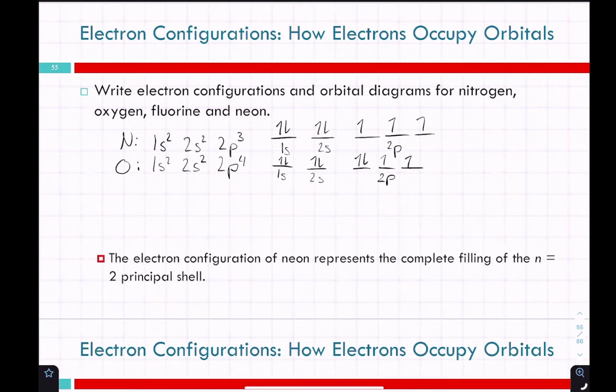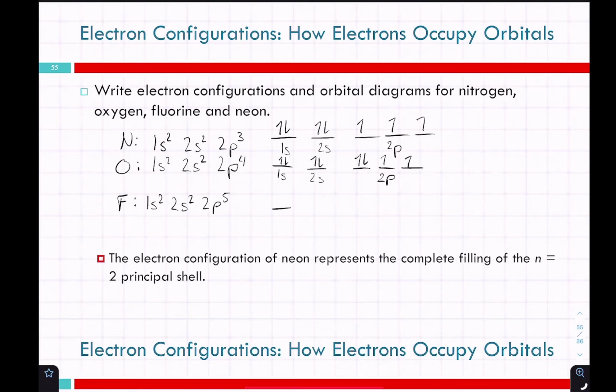And then for fluorine, actually, I should probably move that down a little. For fluorine, it's going to be all of the same stuff, plus 1 more electron. So it'll be 1s2, 2s2, 2p5.